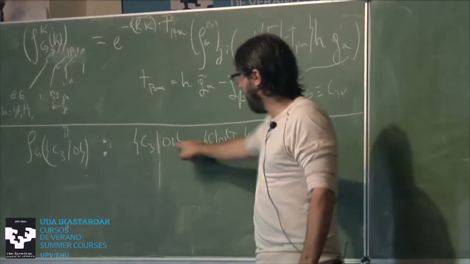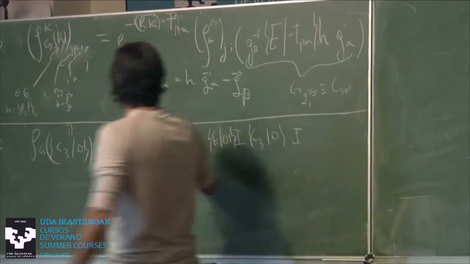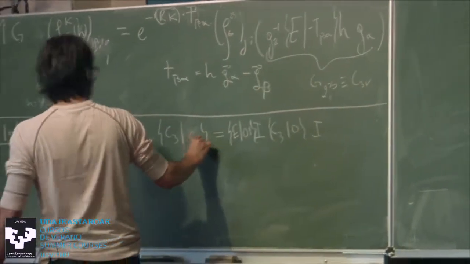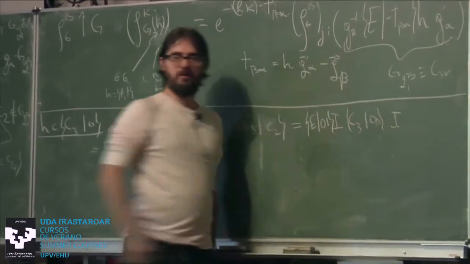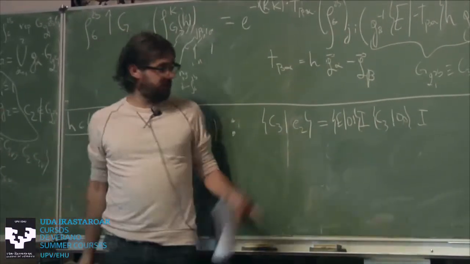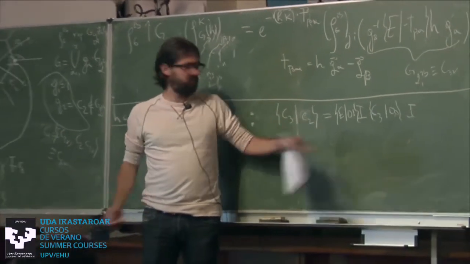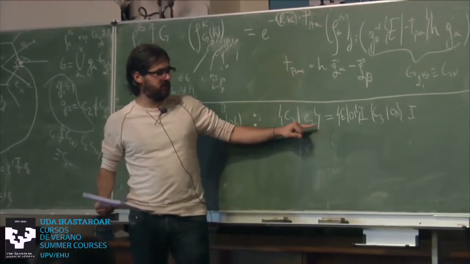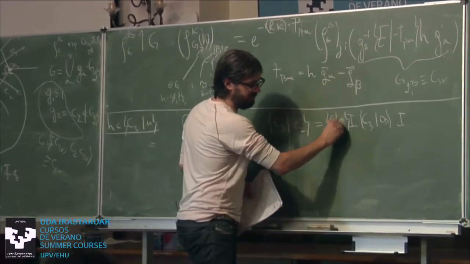E, 0, 1 is just this part. 0, 1 means translation by E2, and this is translation by nothing, 0, 0. Is this an obvious relation? C3 plus a translation is equal to identity plus a translation.